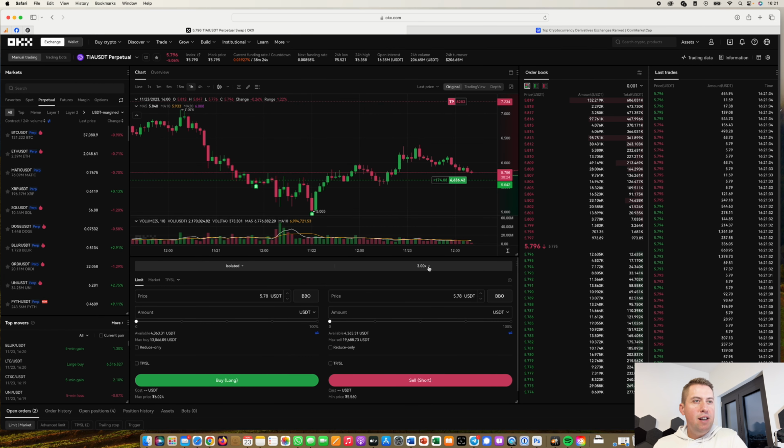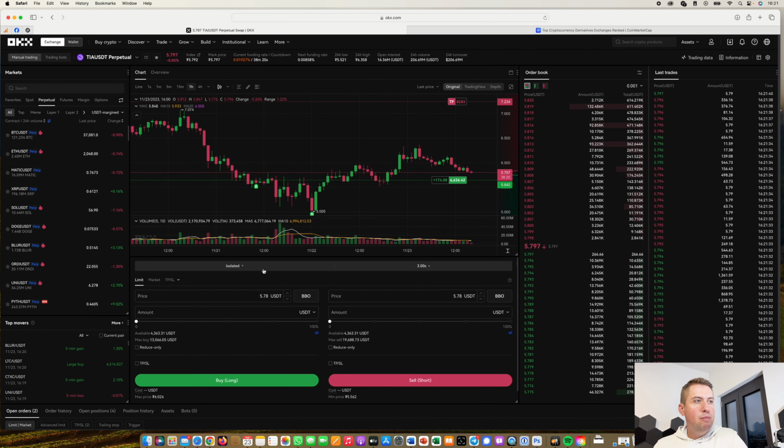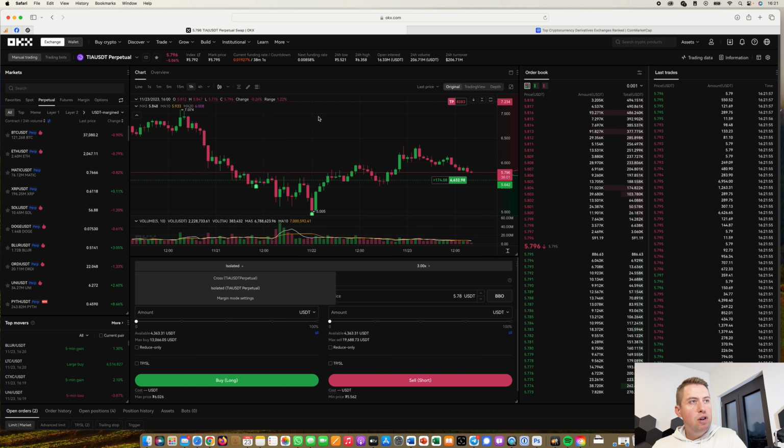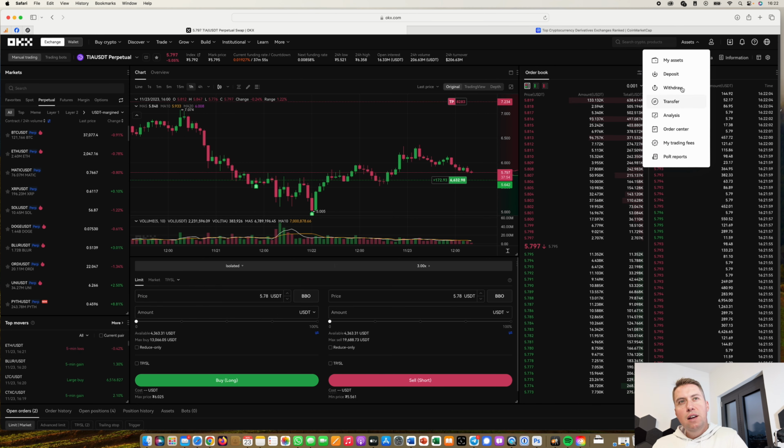So that's basically it. You can select your leverage here. Then I would always recommend doing isolated and not cross. It's a bit more complicated, and I will probably do a separate video about that, but cross basically means you can not only use the money that you use for opening up that position, but you could use all the money that you have in your wallet. Here you have to know you have different wallets.